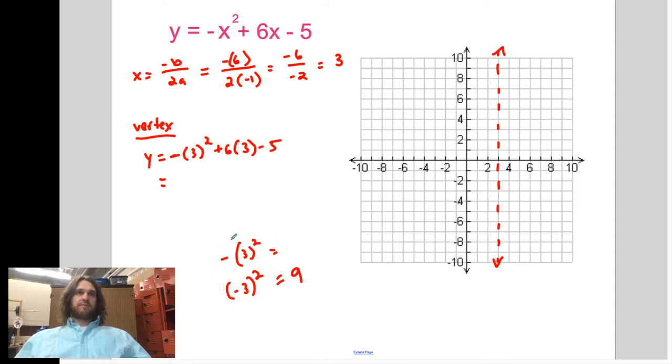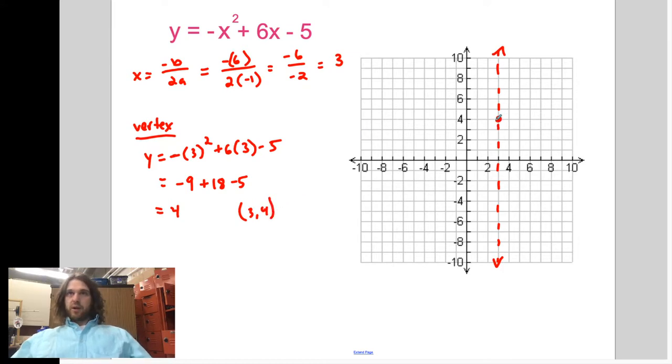This one here is the opposite of 3 squared, which is negative 9. So what we're left with up here is negative 9 plus 18 minus 5. It's 14, which is a positive 4, so that means our vertex is the point 3, 4. Bingo. Got our vertex locked on target.